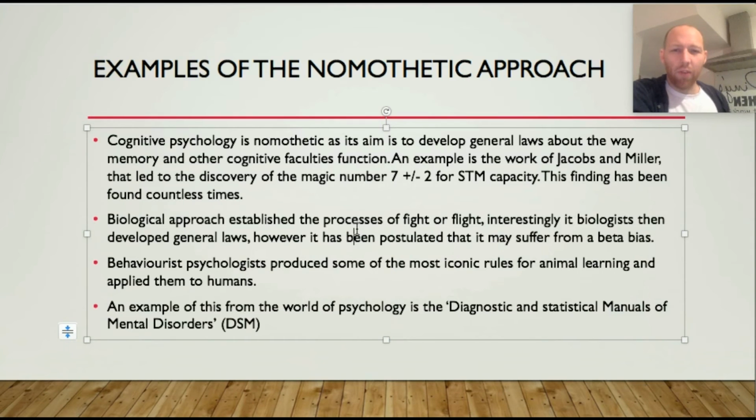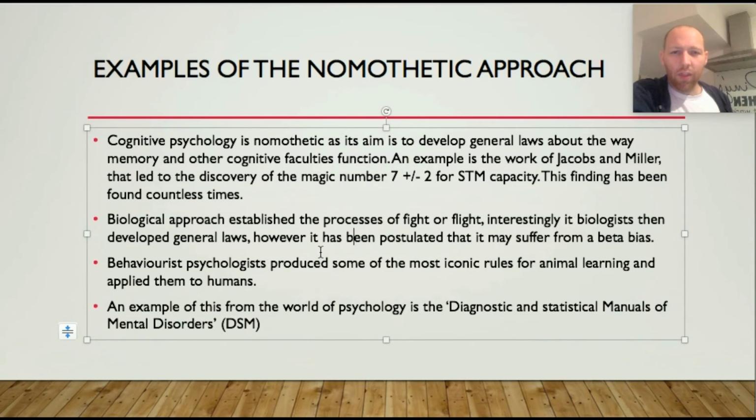That is a nomothetic approach. And 7 plus or minus 2, the magic number, as discovered by Jacobs, Miller and lots of other people, is an example of a nomothetic finding. Millions of people have conducted Jacobs' digit span task over the years, and the findings are fairly robust.